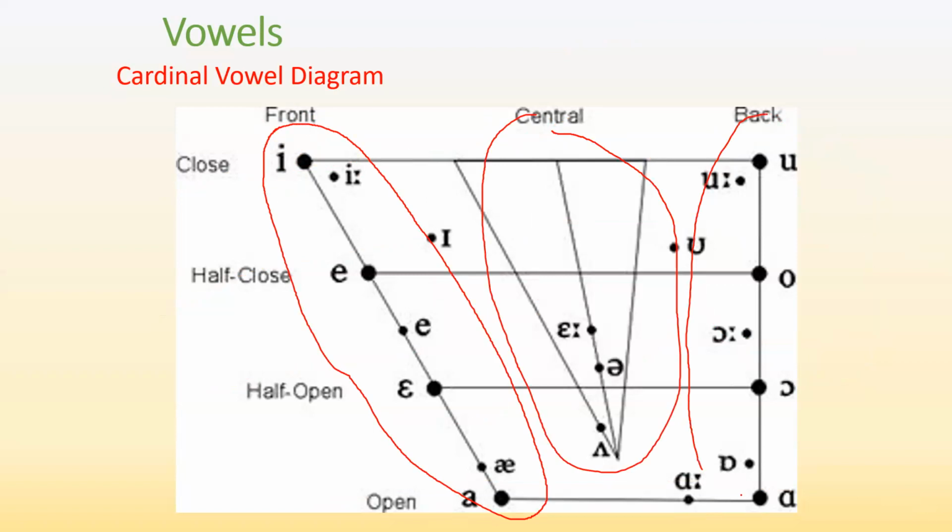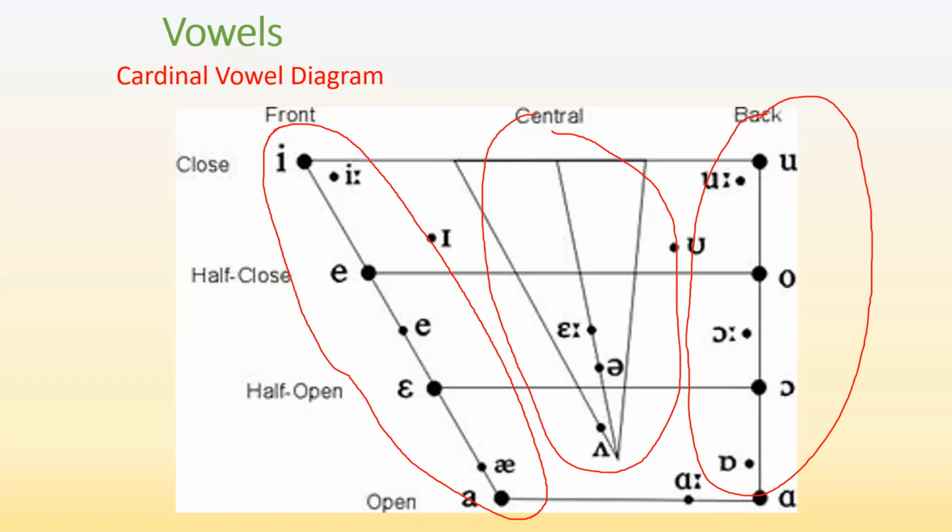And these are back vowels. Clear? So if you remember the cardinal vowel diagram along with how it represents the phonetic features, you can easily understand, when you are given any vowel sound, whether it's a front vowel, central vowel or back vowel. So that is the use of the cardinal vowel diagram.